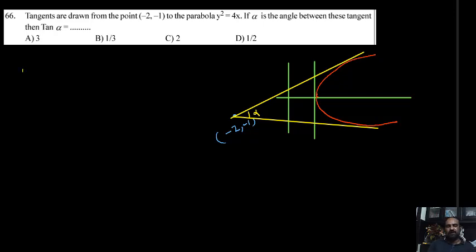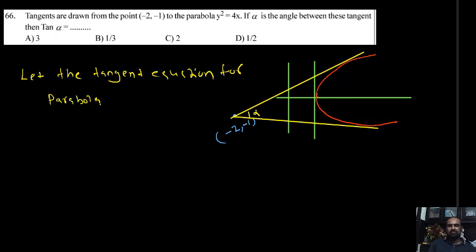Okay, friends, I will write. Let the tangent equation for the parabola with slope m be, what is that? y equal to mx plus a by m.